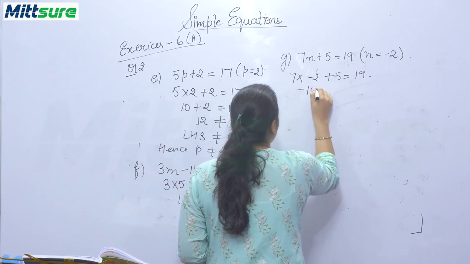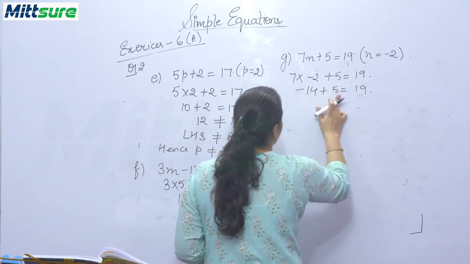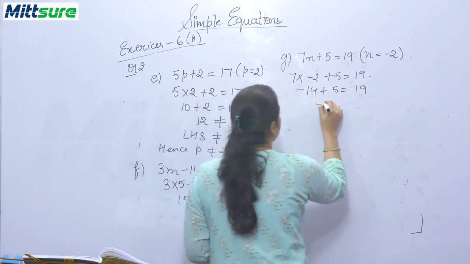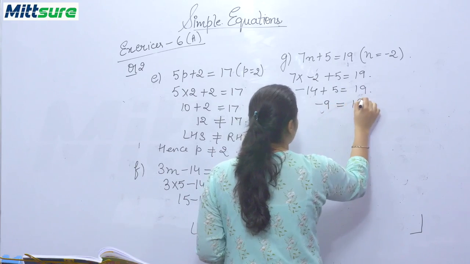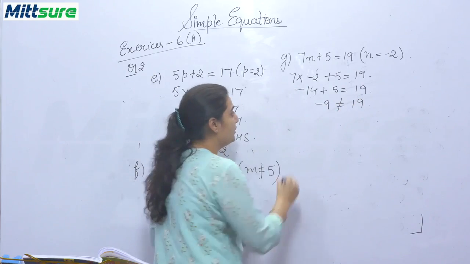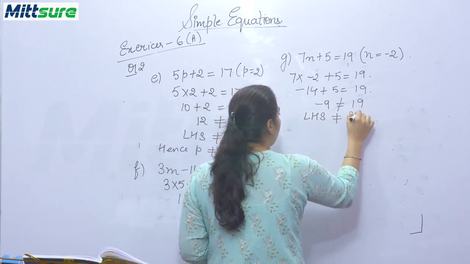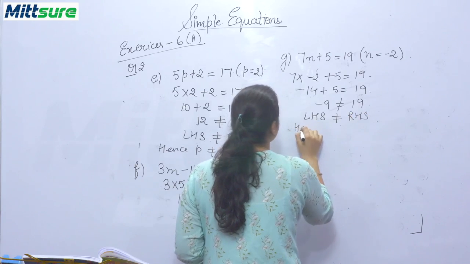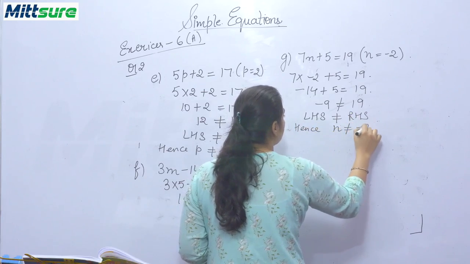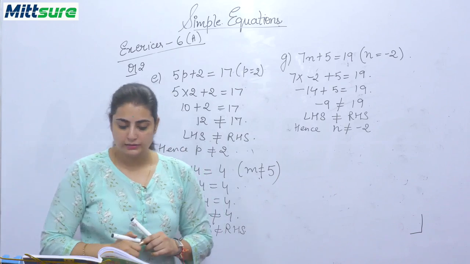So, minus 14 plus 5 equals 19. So, if you add 5 to minus 14, you get minus 9 equals 19. That is not equal to each other. In that case, LHS is not equal to RHS. Hence, n is not equal to minus 2. The value of n is not equal to minus 2.